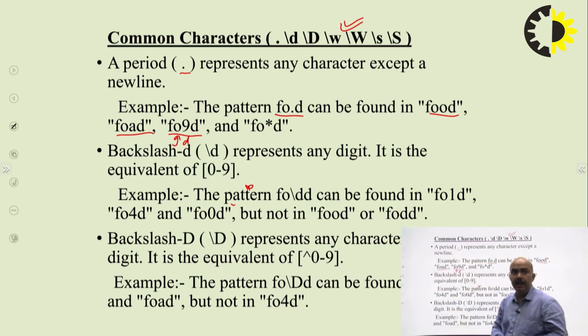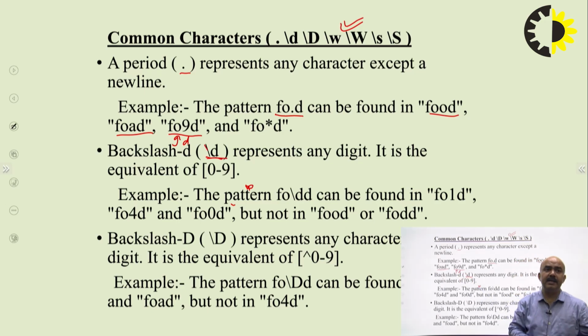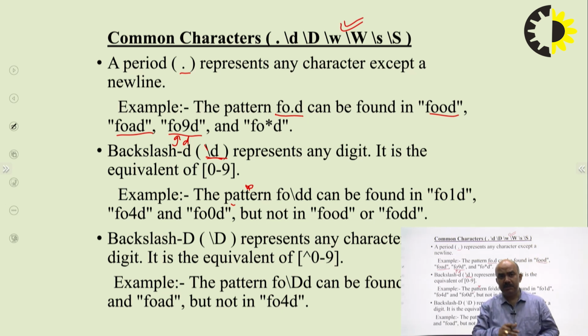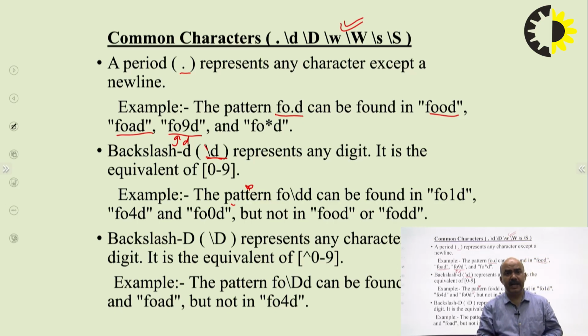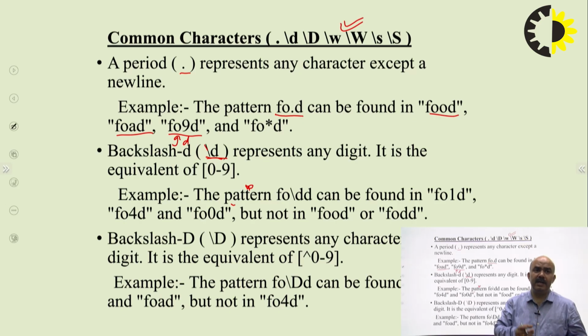Next is backslash d, which is used for checking the pattern with respect to digits, where the digits range from 0 to 9. In any given pattern, if a digit is placed at that location, then the digit must be there.